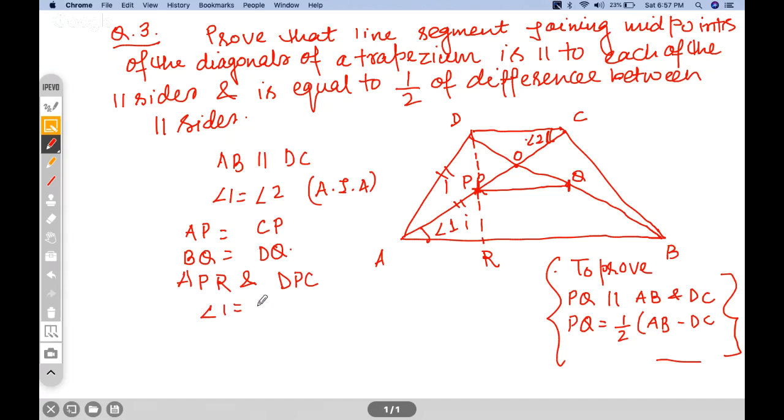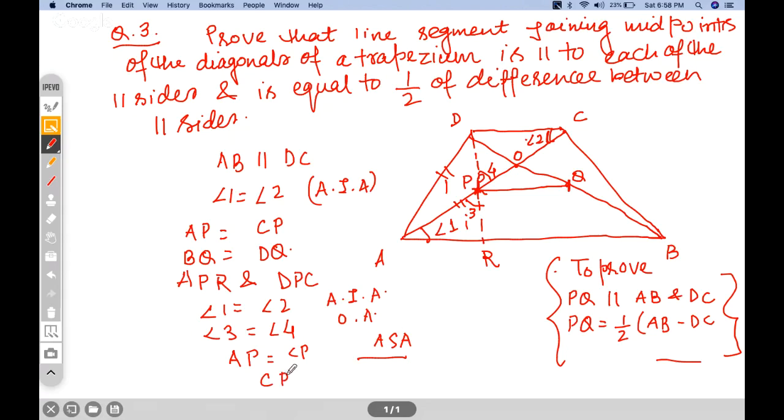So I can write angle 1 is equal to angle 2. These are alternate interior angles. These two angles are opposite angles, so I am giving them the names angle 3 and angle 4. Angle 3 is equal to angle 4. And I know that AP is equal to CP. So what kind of congruency is it? It is ASA congruency.